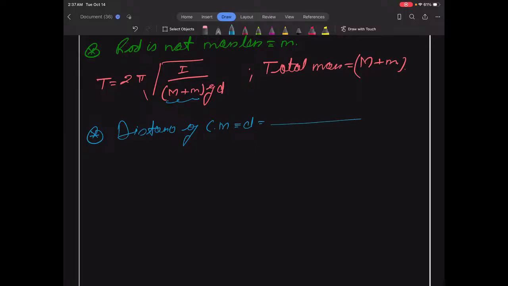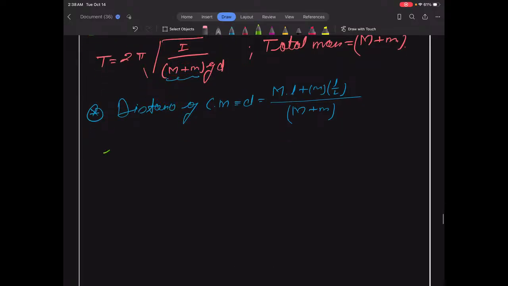In this case we have the disk of mass M, which is at a distance of L, plus we have a rod of mass small m, whose center is at distance L by 2. And we get from here that d, taking L as common, comes as L times (M plus m by 2) divided by (M plus small m).